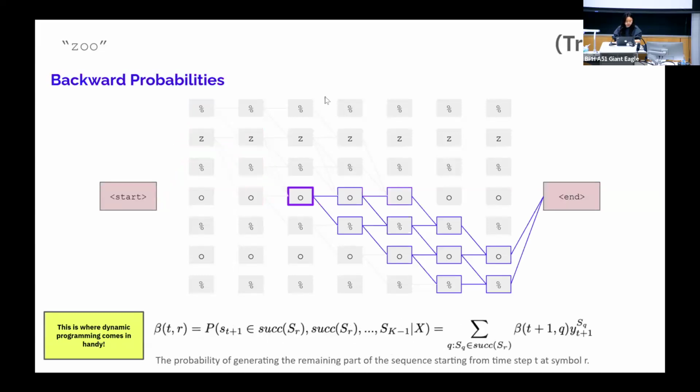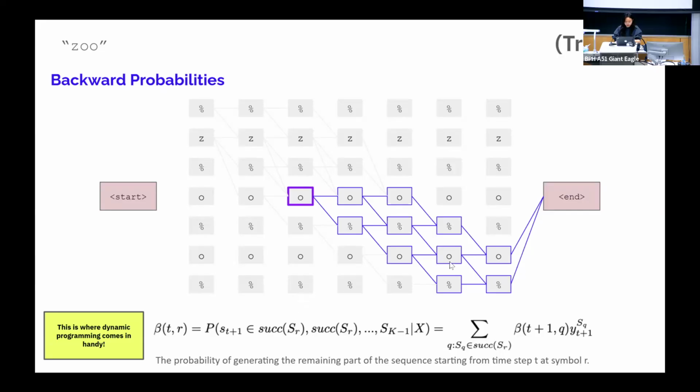After that, we calculate the backward probabilities. It's very similar to how we calculate the forward probability, but it works in the opposite way. It's moving from right to left, and it's denoted by beta t comma r. We start at this time step t, time step 3, and symbol O, and move from here to this time step t.